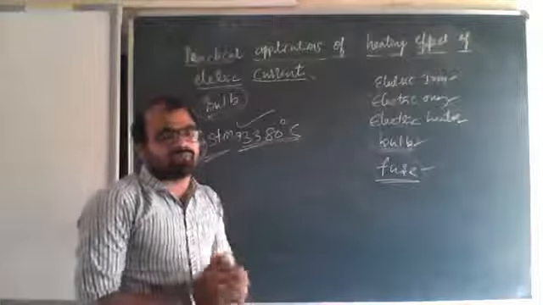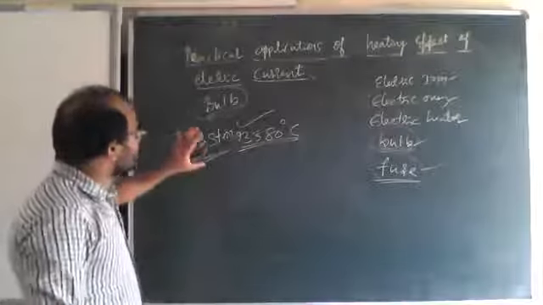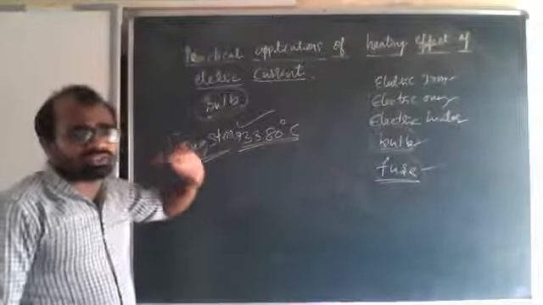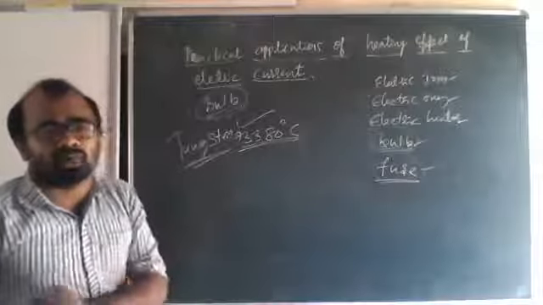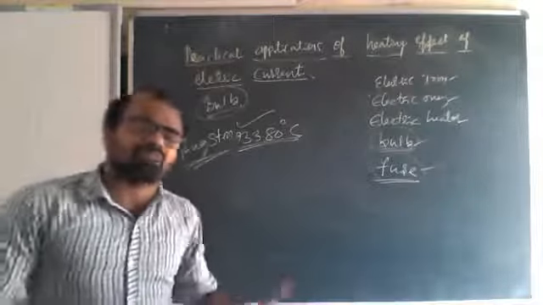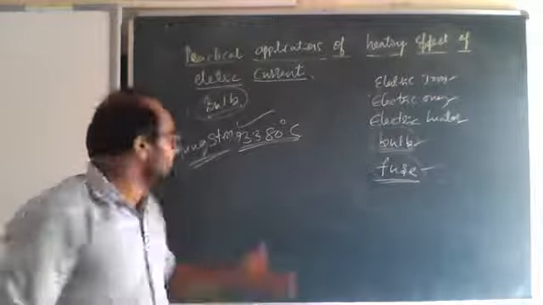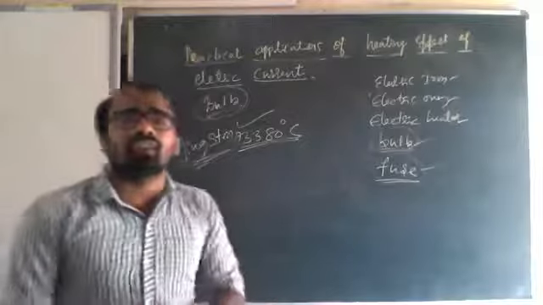The filament of the bulb is made of tungsten. This is very important. Tungsten is used to make the filament because it has a high melting point, so that maximum heat can be produced with the heating effect of electric current.